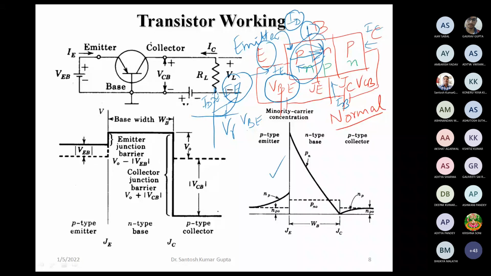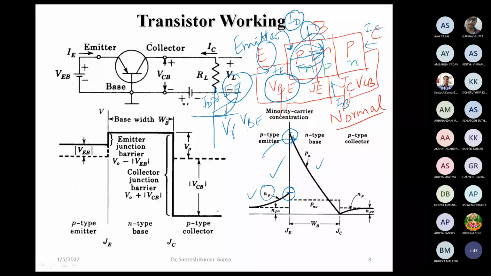So these carrier concentrations also we have seen. The base was lightly doped, so the injected charge carriers into the emitter are fewer, that is represented by NP here, whereas the emitter is heavily doped, so the injected carriers, that is holes, into the base are of large quantity, and these diffuse, forming the diffusion current, and the sum of these two currents gives us the total current across this junction.